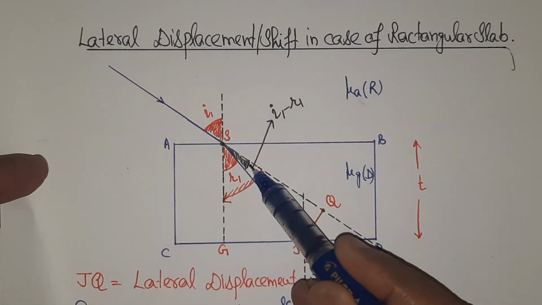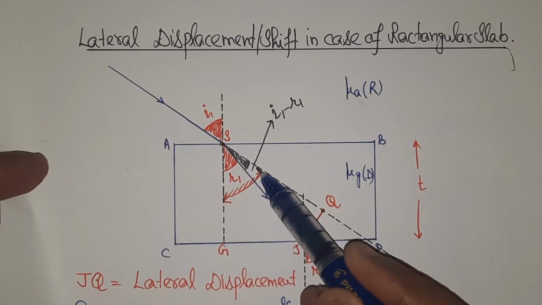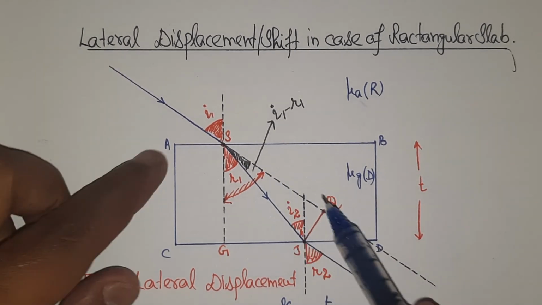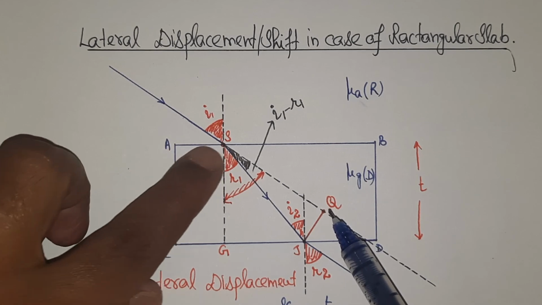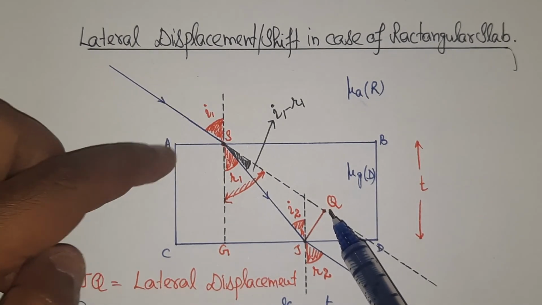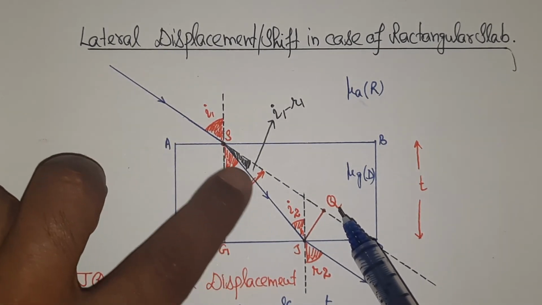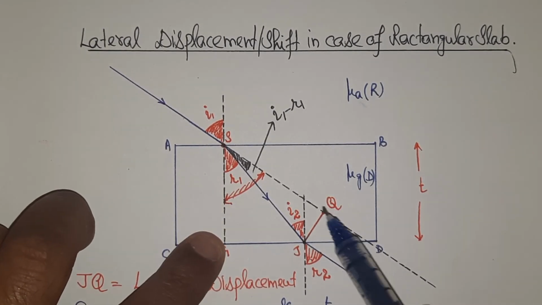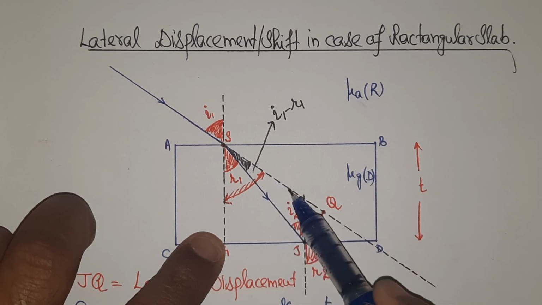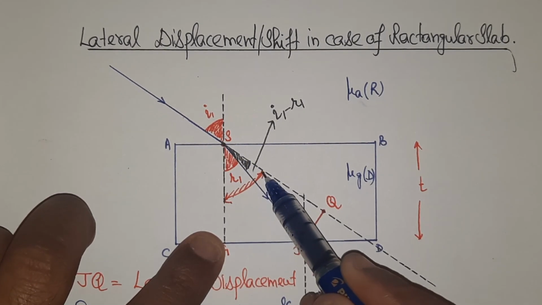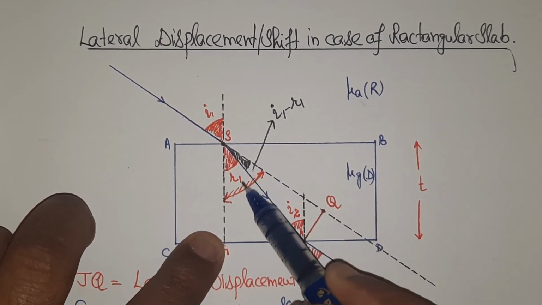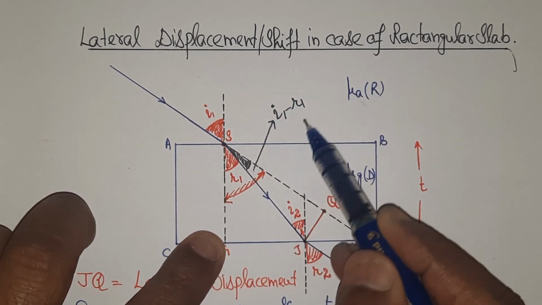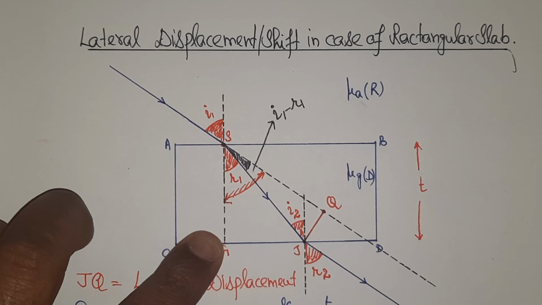We want this particular angle to be 90 degrees, and this is only possible when the incident ray goes along this face, meaning I1 is equal to 90 degrees, and the refracted ray goes along the normal. Then the refracted ray will be here and I1 minus R1 will be equal to 90 degrees.